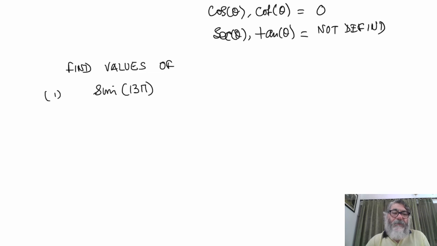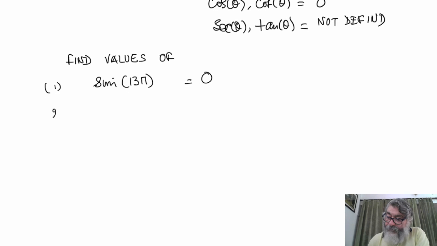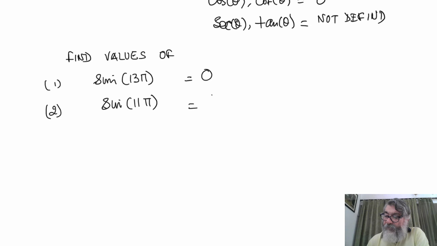Along the x-axis, sine is always 0. So sine 13 pi is 0, whether it falls on the left side or the right side. Now similarly find sine 11 pi. Again, it is an odd multiple of pi, it will fall along OX dash, and it will be 0.